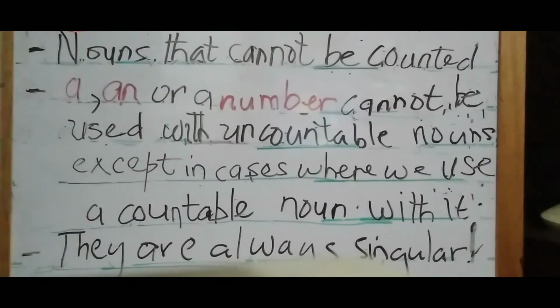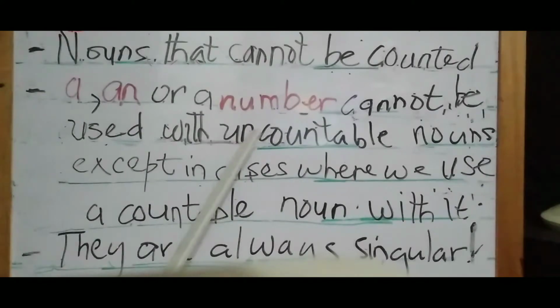All right, and you cannot use a, an, or a number to tell the quantity or the amount. The only time you can do that is when you are using it with another countable noun, and that might sound confusing, but I'll explain.